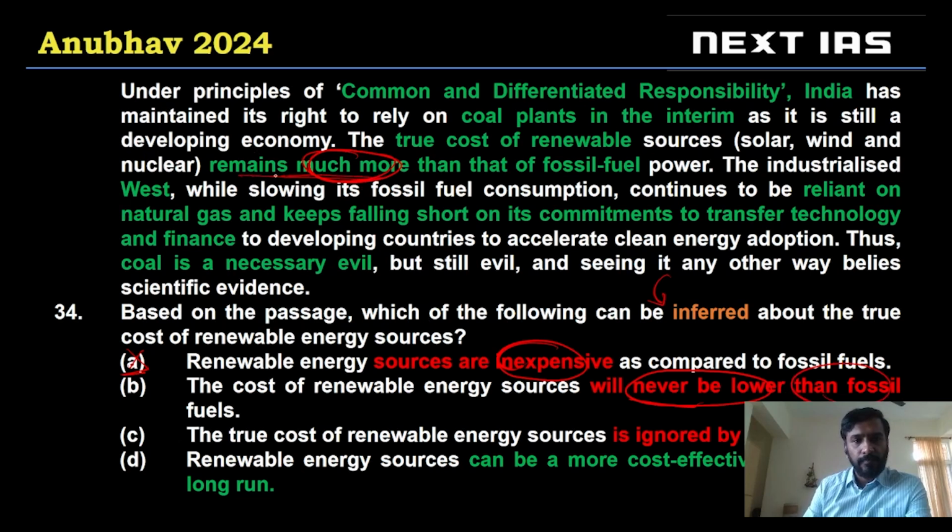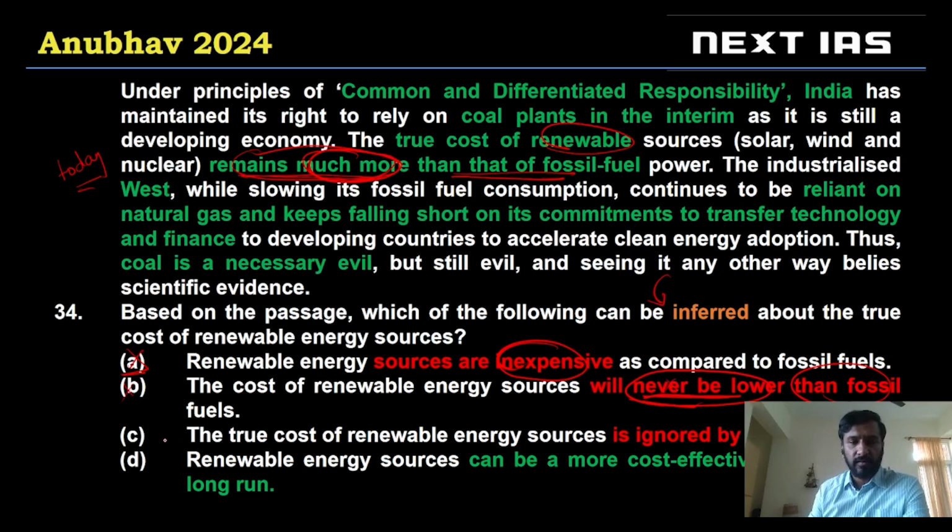Remains much more, meaning renewable sources का cost remains much more as of today than that of fossil fuel power. Also, if you notice, this entire passage का message is that we should all slowly move towards renewable. मतलब इसका कहना यह है कि in the future renewable sources will be more affordable, so will never be lower is invalid, right? This has not been discussed.